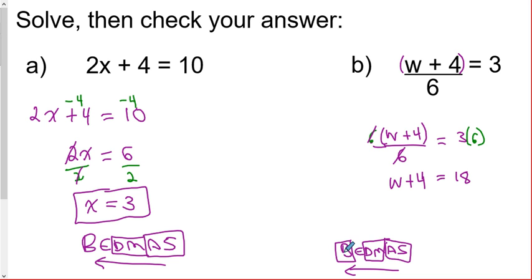There's no exponents. We're on to the last one, our brackets. So now we can drop those brackets and undo the operations in the brackets. We couldn't have done it before now, or we would have done things out of order. So I'm going to subtract 4 from both sides. That leaves us with just a W on this side, and 18 minus 4 is 14.